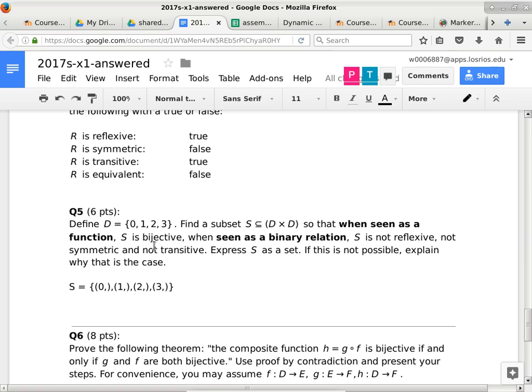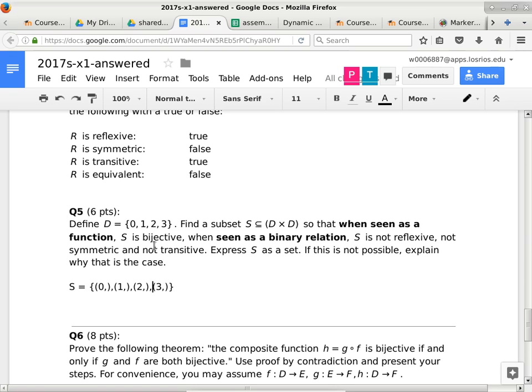But since we have the same number of elements in the codomain as in the domain, surjectiveness actually ensures injectiveness in this case. Does that make sense? When the cardinality of the domain and the codomain are exactly the same, surjectiveness guarantees injectiveness, and vice versa.